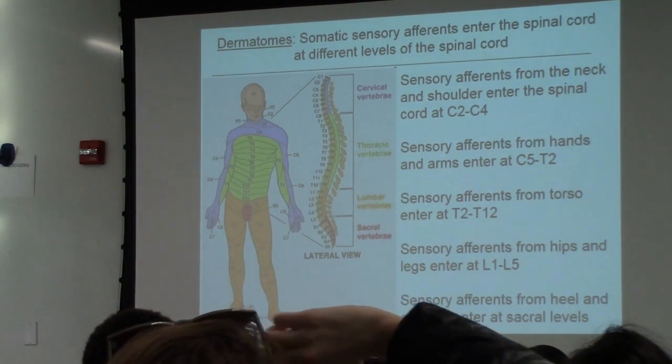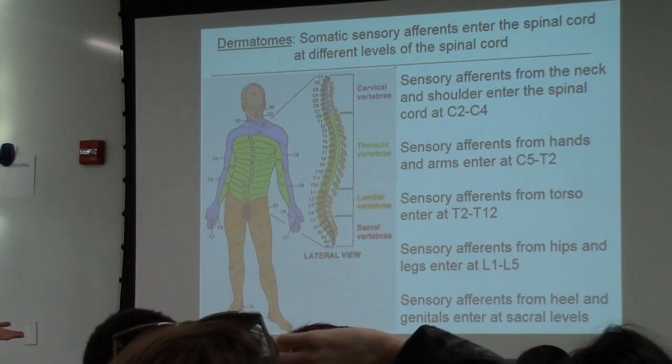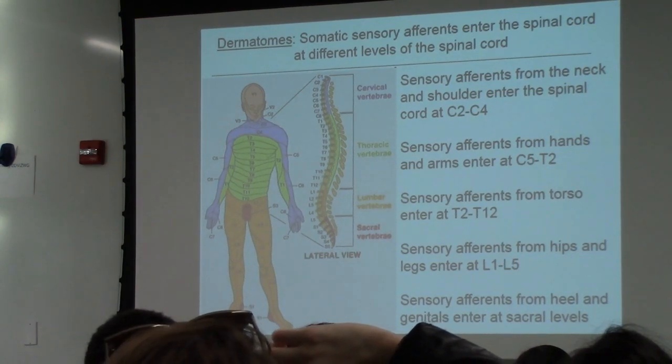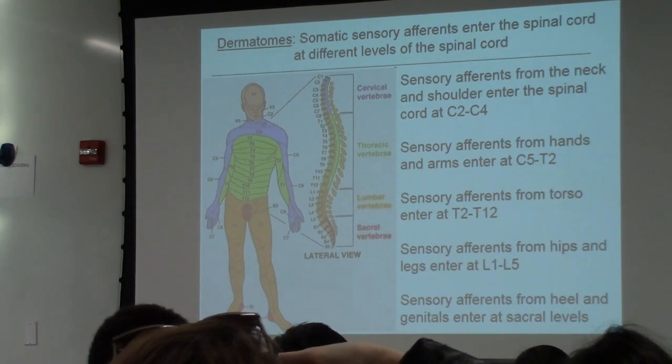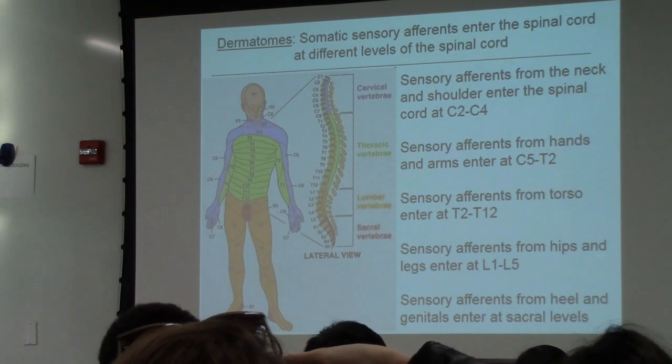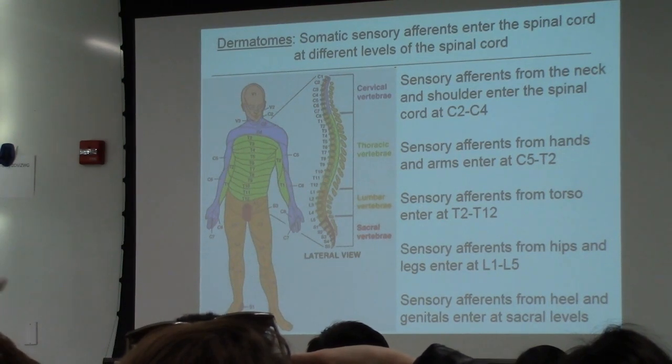Okay, so different sensory afferents from the different parts of the body enter the spinal cord at different levels. And then the neurons, either the primary or the secondary afferent, depending, go up the spinal cord, either in the dorsal column or in the anterolateral column, depending.